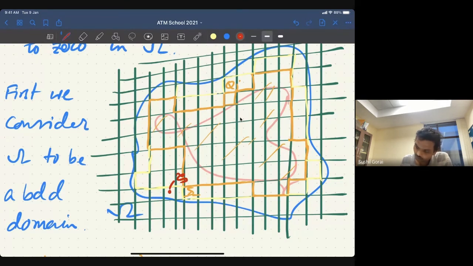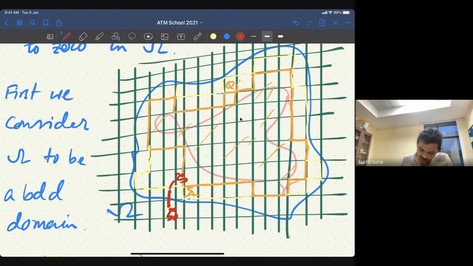And consider another point, let's say zeta naught, something like this, and consider this line segment.